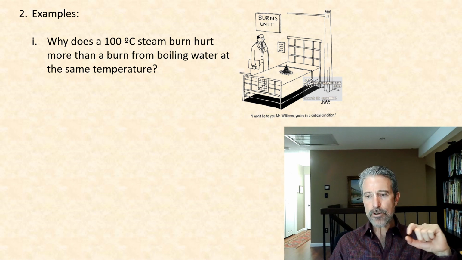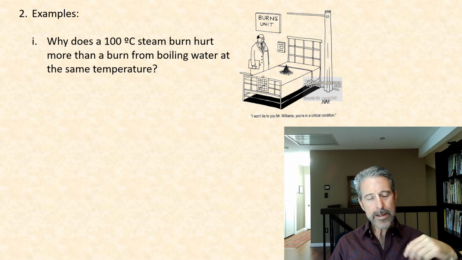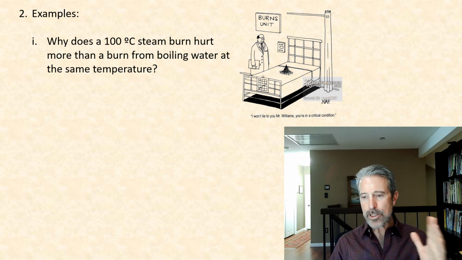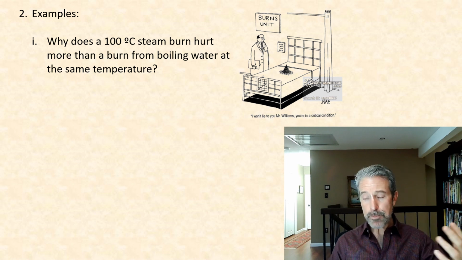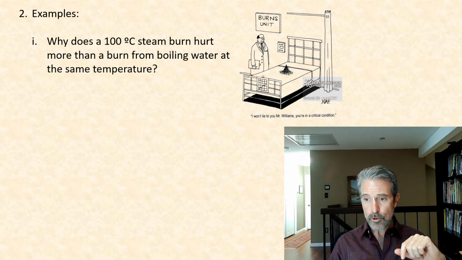But let's now consider the case of gaseous water molecules at the same temperature. In other words, what's the difference between liquid water at 100 degrees Celsius and gaseous water or steam at 100 degrees Celsius? Well, we said that the difference between the liquid and the gas is that for the gas, those particles are further apart. How do they get further apart?